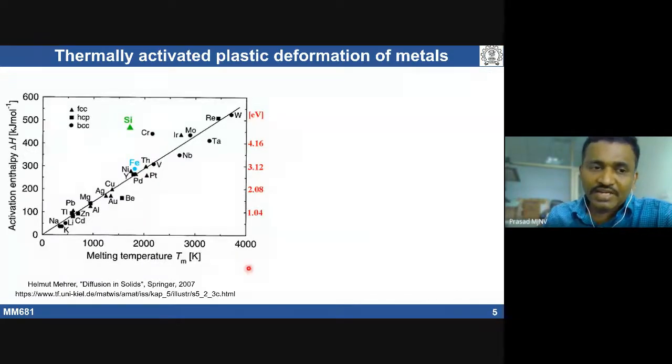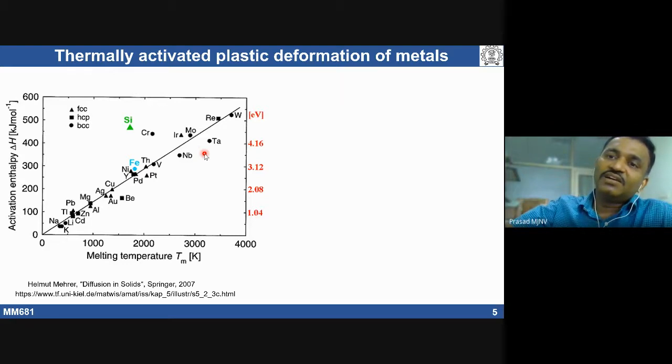So here, typically, the activation energy. I'm talking only about self-diffusion. Here the y-axis is self-diffusion and melting temperature. The higher the melting temperature, the higher the activation energy of self-diffusion. If you talk about a low melting point material, aluminum, and tungsten, which has the lower atomic activation energy?